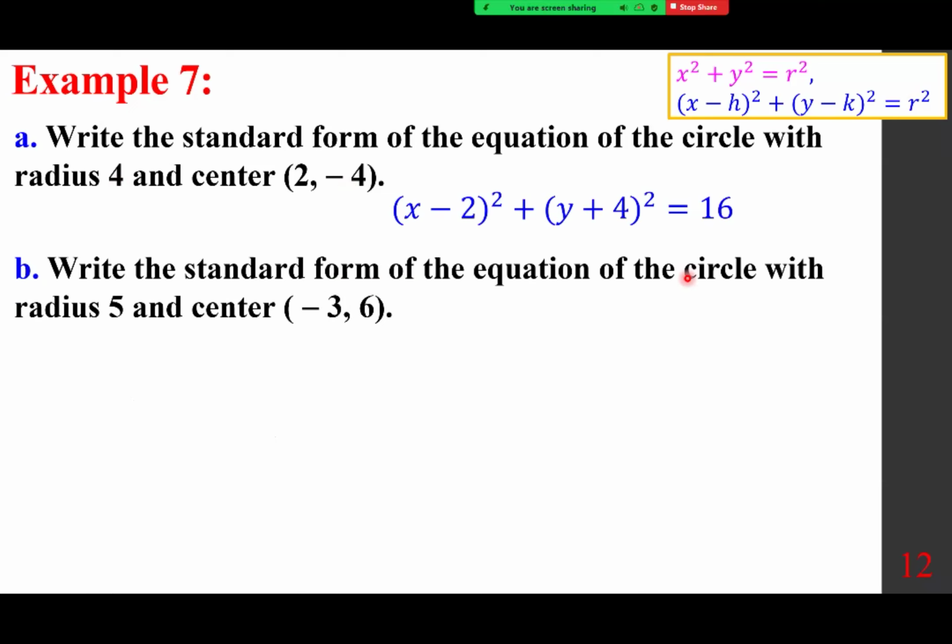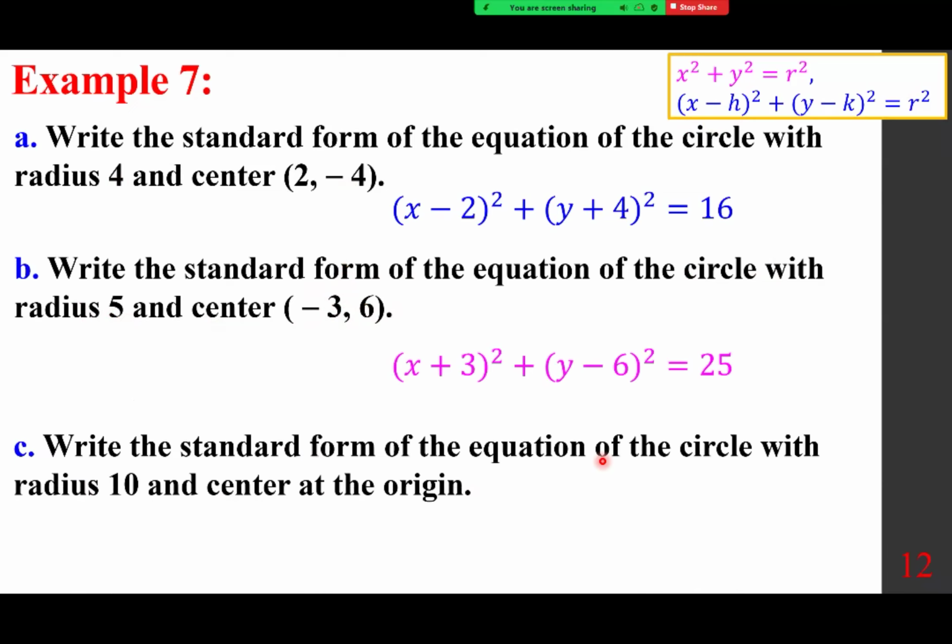Write the standard form of the equation of a circle with radius 5 and center at negative 3, 6. So x minus negative 3, that means x plus 3 squared, plus y minus 6 quantity squared equals 5 squared or 25. Write the standard form of the equation of a circle with radius 10 and center at the origin. So x squared plus y squared equals 10 squared or 100.